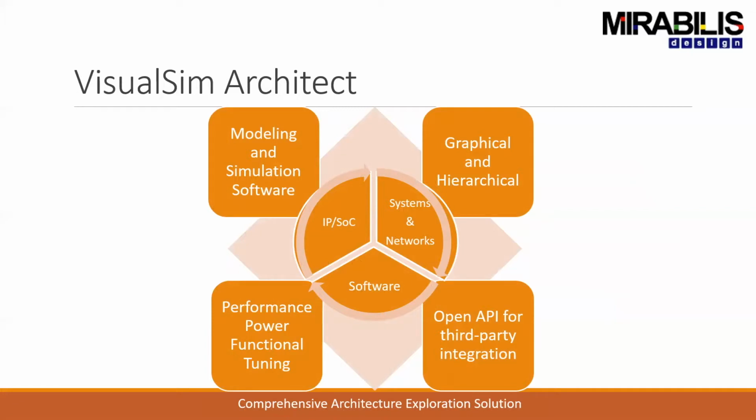Now, VisualSim Architect starts off at the IP level, so it can be an accelerator, a network, a message network, or an AI component, up to the full SoC that may contain a combination of processors, DSPs, GPUs, AI accelerators, memories, display controllers, buses, NoCs, things like that, all the way to a full system.